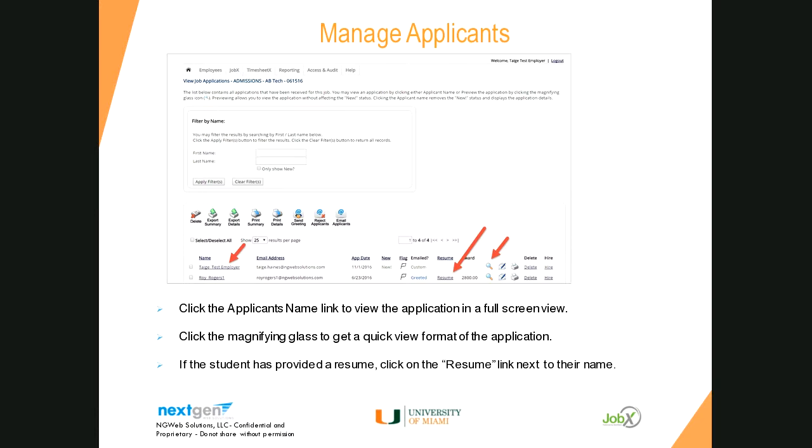If you use the magnifying glass, you get a quick view of the application, and if you click on the applicant's name, you're actually going to get a full screen view of the application that the student submitted. And if the student provided a resume, you could simply select the resume file to open up the resume.